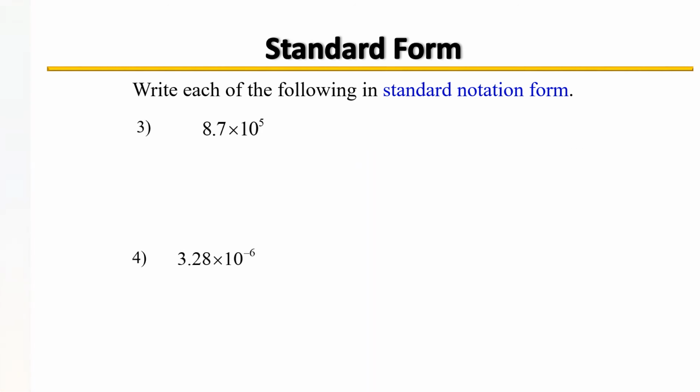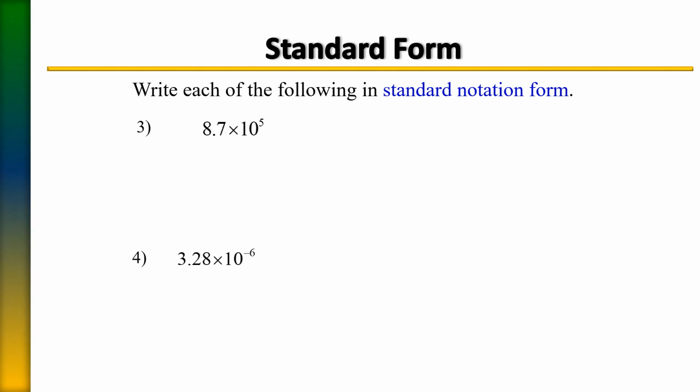Let's do 2 more examples. We want to convert them from scientific notation form to standard form. So recall, if your 10 base is positive, you're going to make the number bigger by moving to the right. If your 10 base exponent is negative, you're going to make the number smaller and you're going to move to the left. So let's begin here with number 3.